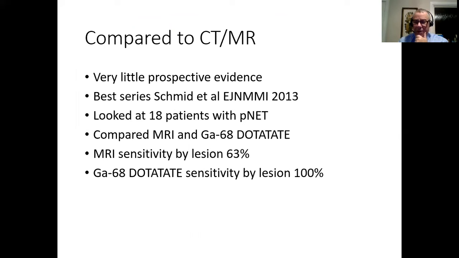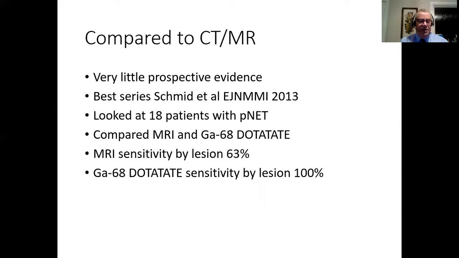How do things compare with other imaging like CT-MR? To be honest, there's very little data on this. There was a paper published from Munich in 2013 with 18 patients with pancreatic neuroendocrine tumor, and as expected, the MR wasn't as good as the gallium-68 DOTATATE PET.